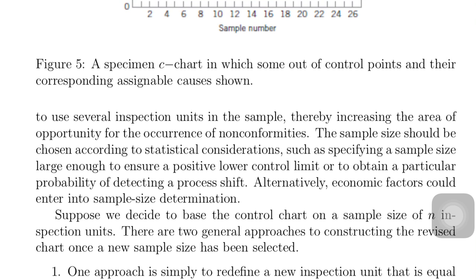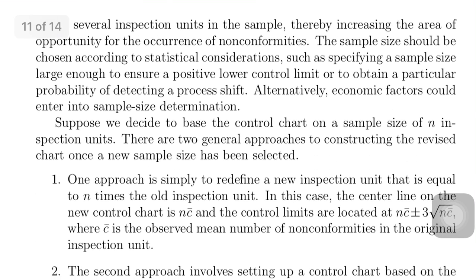When you consider more than one unit in your sample, two approaches are there. The first approach is very direct. One approach is simply to redefine an inspection unit to be equal to n times the old inspection unit.